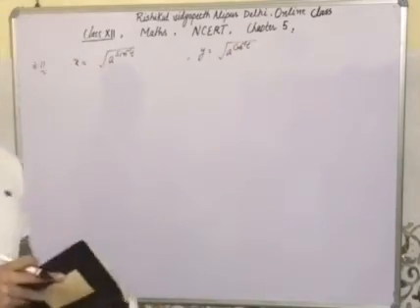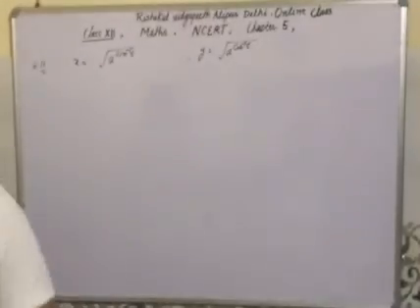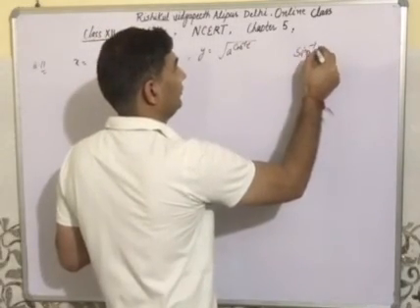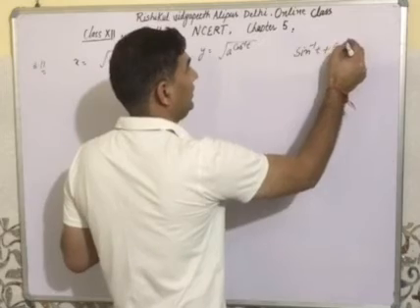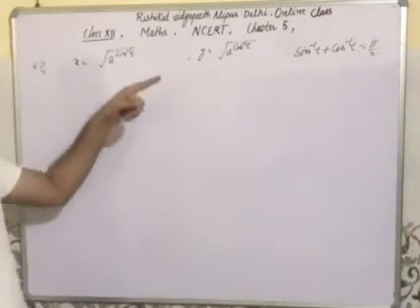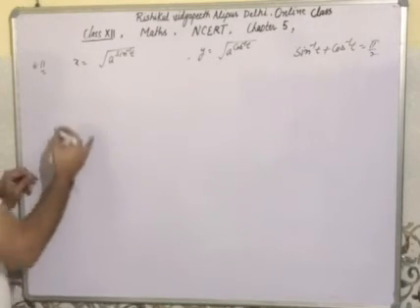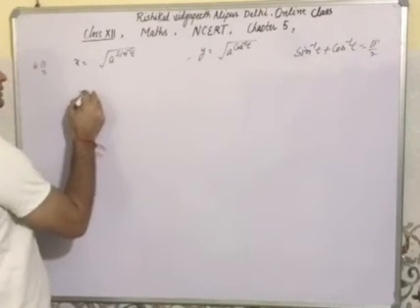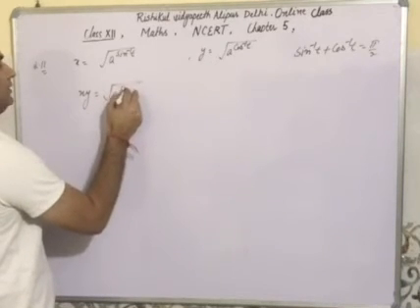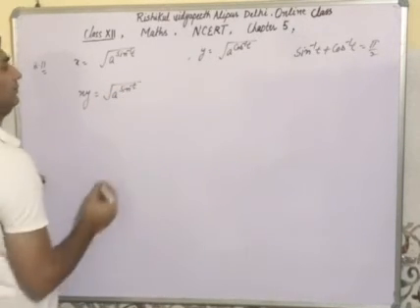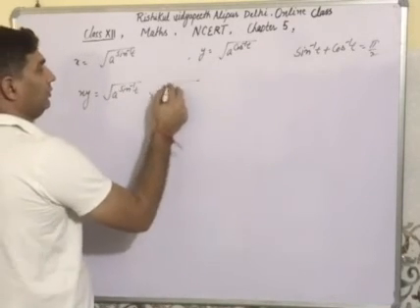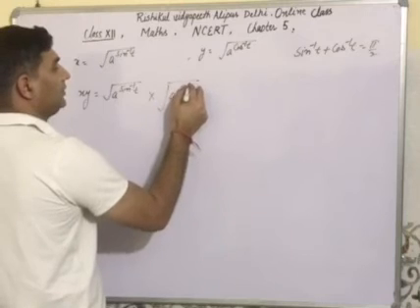We can use the property of sin inverse t plus cos inverse t is equal to pi by 2. We know this property. And the product of both terms, x into y, is equal to square root of a raised to the power sin inverse t into a raised to the power cos inverse t.